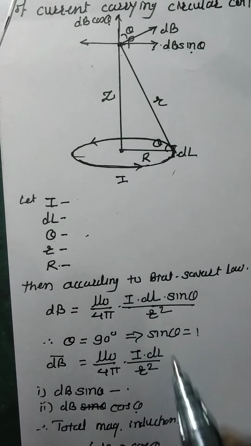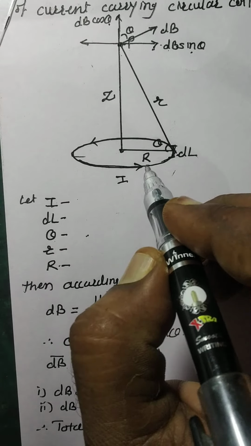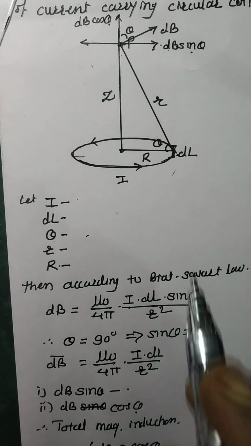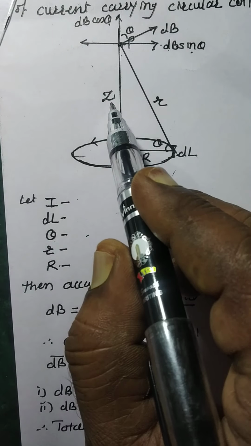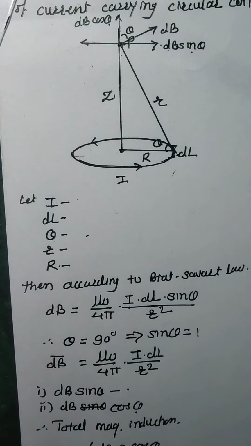From this diagram, cos theta is equal to adjacent divided by hypotenuse, that is capital R divided by small r, and r square is equal to z square plus R square.